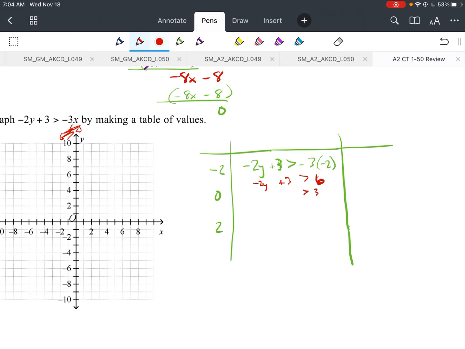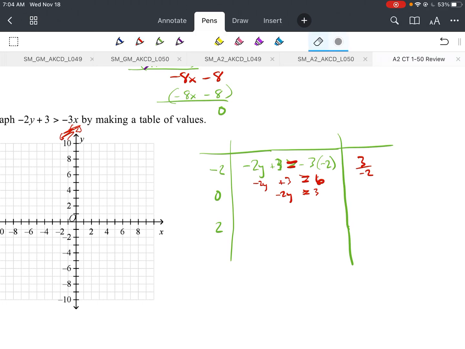So this is positive 3 equals negative 2y. Divide, and this is 3 over negative 2. And I'm really just looking for the boundary line, so you can just put equals for now, because I want to graph the boundary line, then I'll determine which side it needs to be on. So 3 over negative 2, that works.